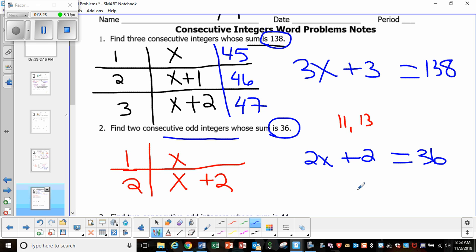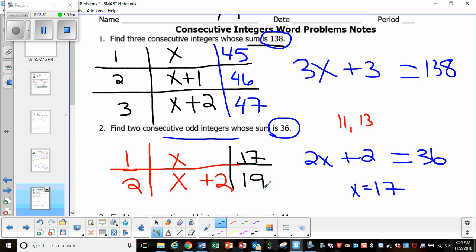What is x, Carolyn? X is 21. Do we agree? So subtract 2, which is 34. Divide by 2. Wrong one. That's okay. So you get x equals 17. All right. So if x is 17, then x plus 2 is 19.